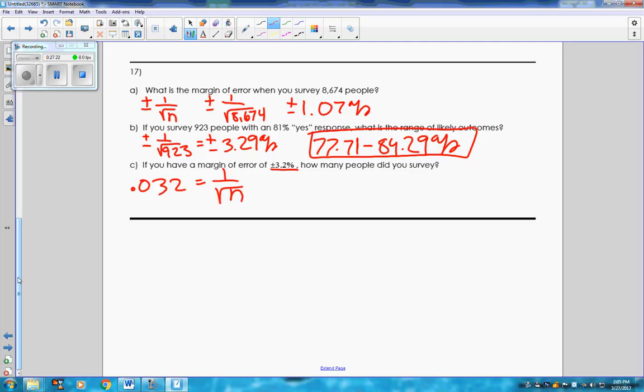So I have to multiply both sides by the square root of n, so I'm going to have the square root of n equals 1 divided by 0.032, and then square that. So n, or the sample size of this problem, should give you 977 people.